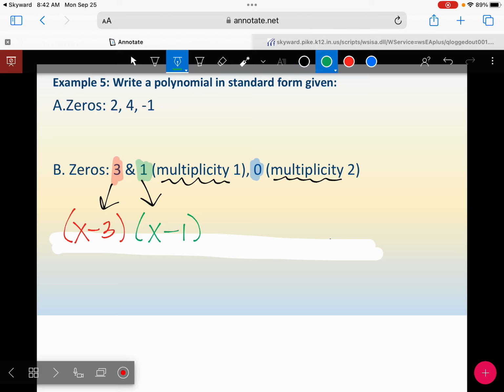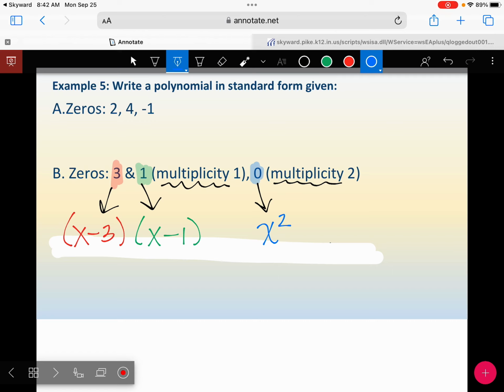Now for 0, that's actually a pretty easy one to do because whenever it's 0, your factor is just x. There is no parentheses for 0 because 0 doesn't have a sign. It's not positive or negative. So that's just going to be an x squared, because it says the multiplicity is 2, that means I have to square the x.